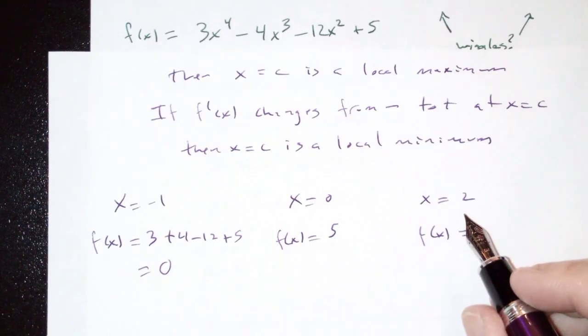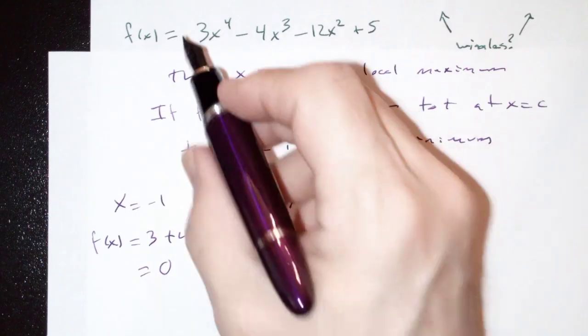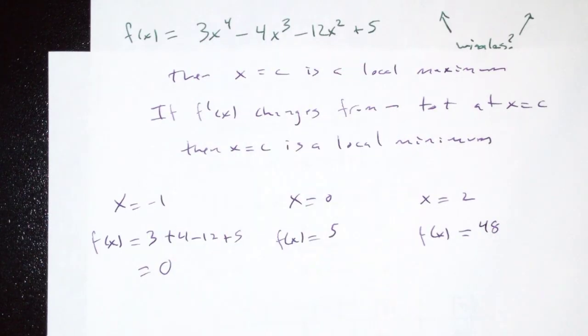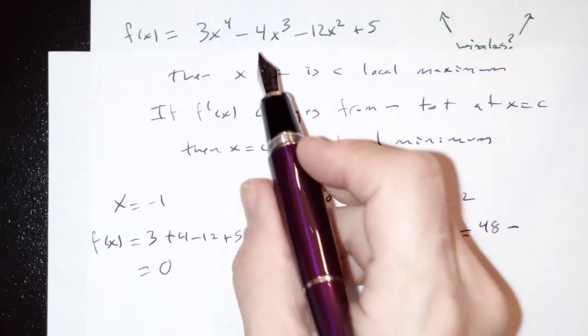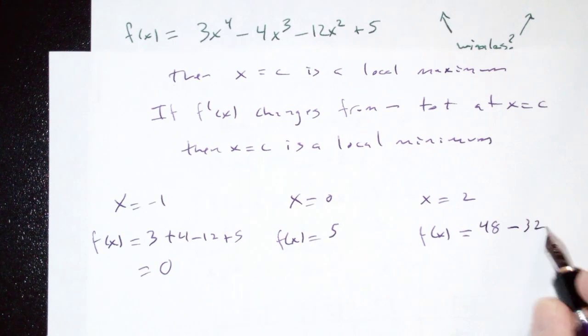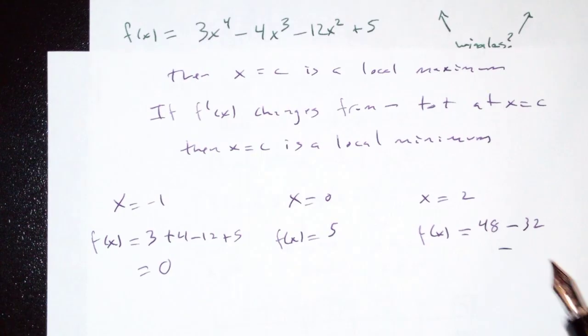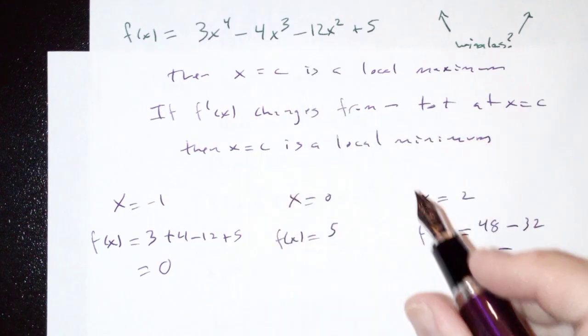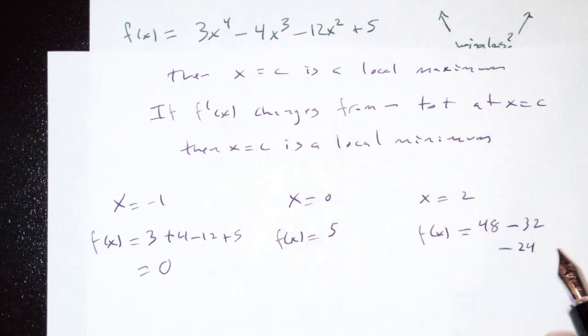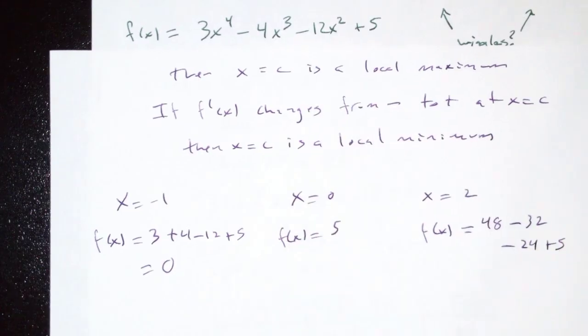And then when I plug in 2, 2 to the fourth is 16. 16 times 3 is 48. 2 to the third is 8. 8 times 4 is 32. Minus 12 times 4. 2 squared is 4. Plus 5. 48 minus 32 minus 24 plus 5.